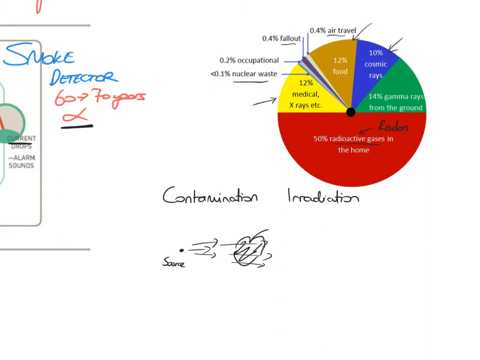There might be a few ions, but not radioactive nuclei. So in that sense, the apple would be irradiated. It would have had radiation incident on it, but it wouldn't have any radioactive material within it.